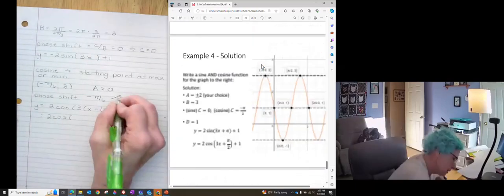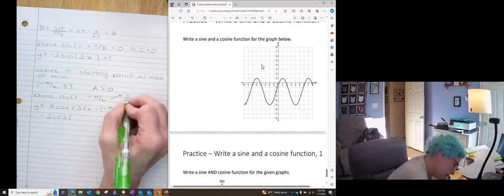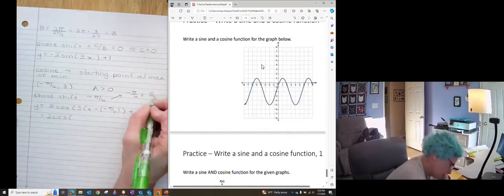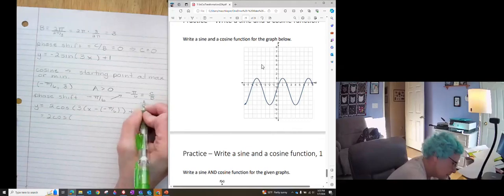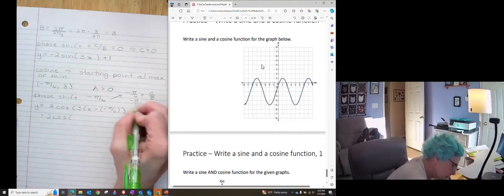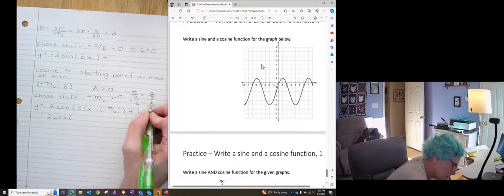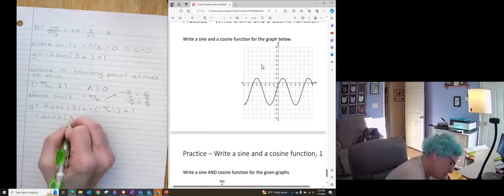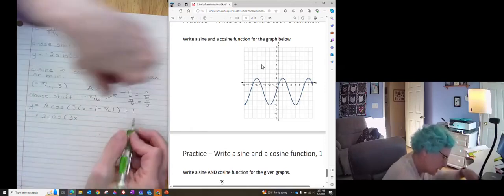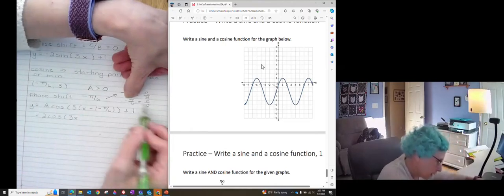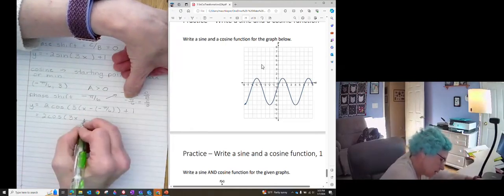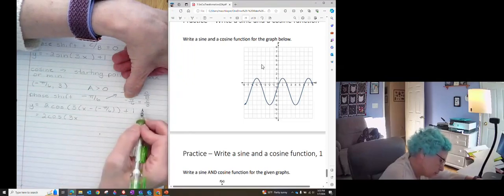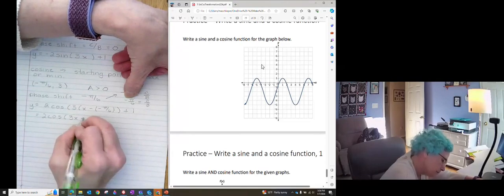So I look up here, phase shift negative pi over 6 is equal to C over B. So negative pi over 6 is equal to C over 3. So I could write it as 3x minus C, and C is negative 3 pi halves.